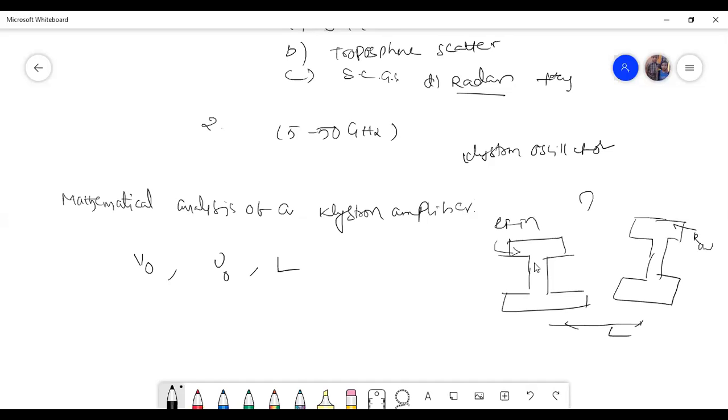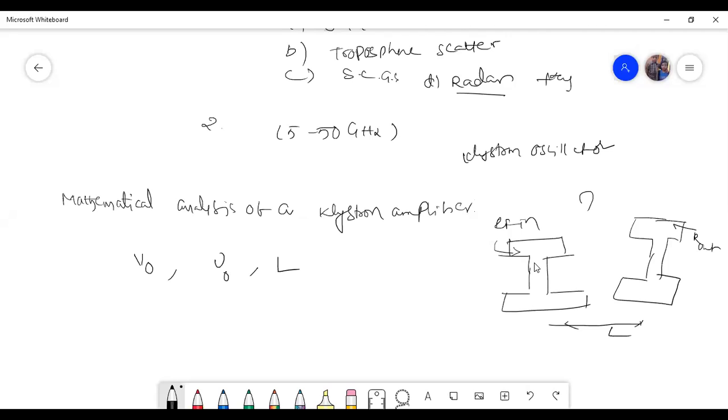Don't confuse. You can take the diagrams from the materials or from the textbooks. No problem. Here I don't want to waste time by drawing all these things. So capital V0 is the DC voltage, small v0 is the velocity of the free electron, and capital L is the drift space length.